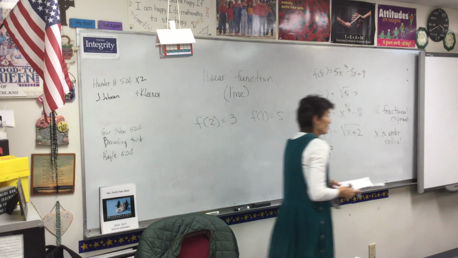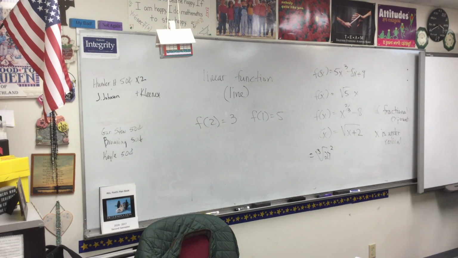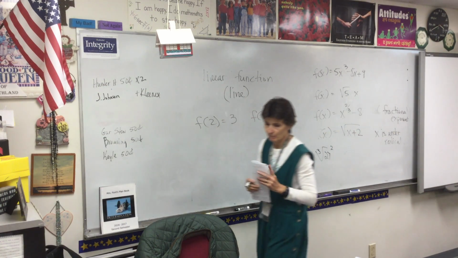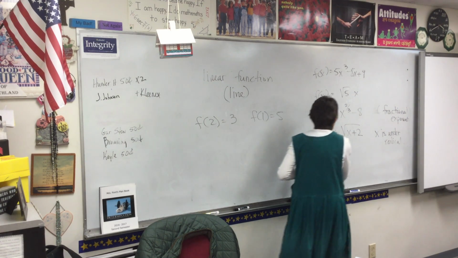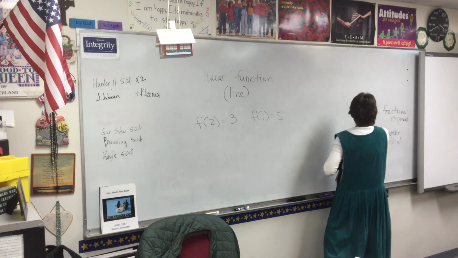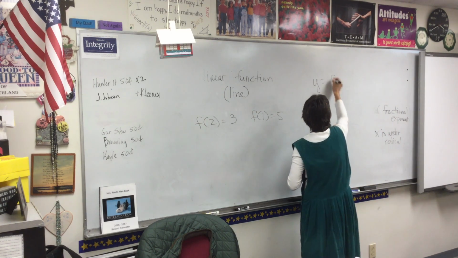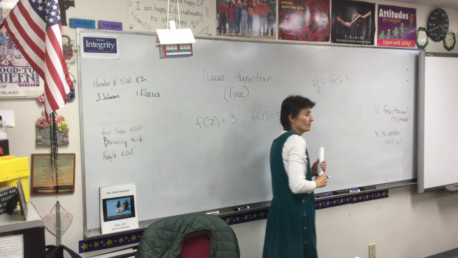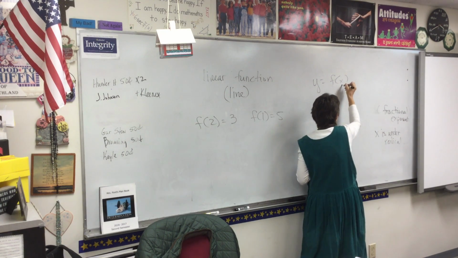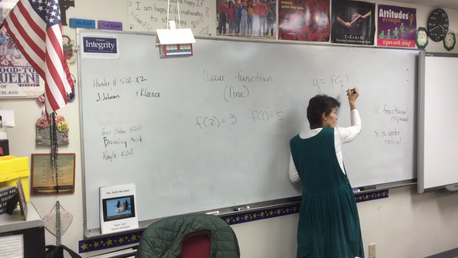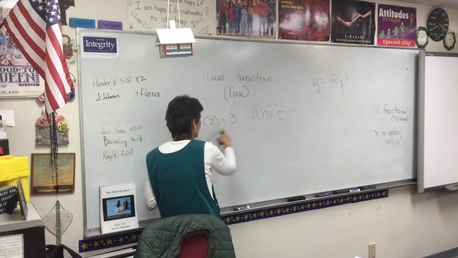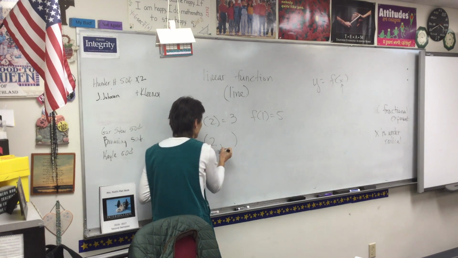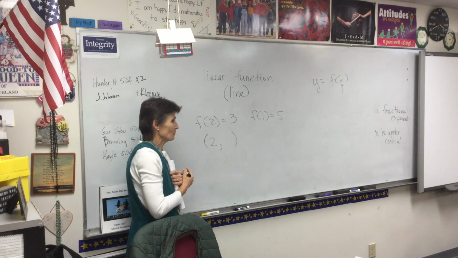Now again, this is not new to you. It is written in a new way, but it is not new to you. When we do function notation, don't we say something like y equals f of x? See this right here? The thing that's in the parentheses there? That is your x. So when I come over here and look at this, this is actually an ordered pair, and the x is 2.